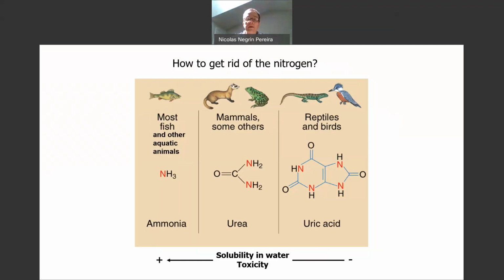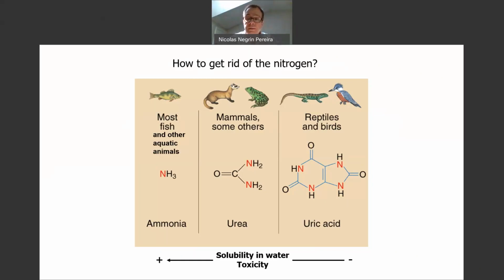And finally, we have reptiles and birds, which produce uric acid, which is not very soluble in water, meaning it doesn't draw much water when it is excreted, which is good. That means these animals are able to save a lot of water, which allows them to survive in really dry environments, like deserts in the case of some reptiles, and the case of birds.